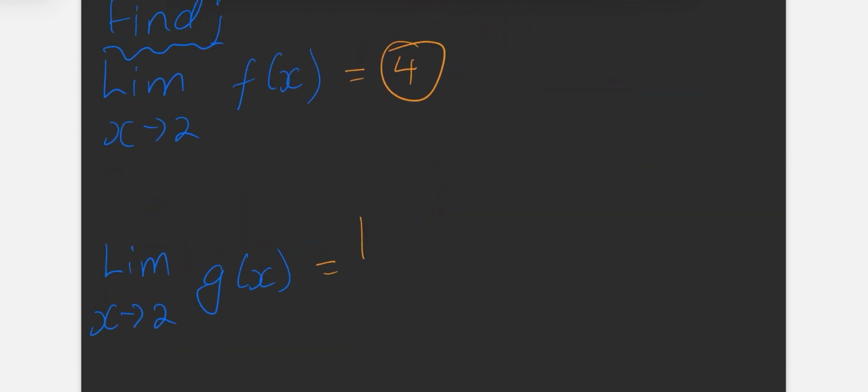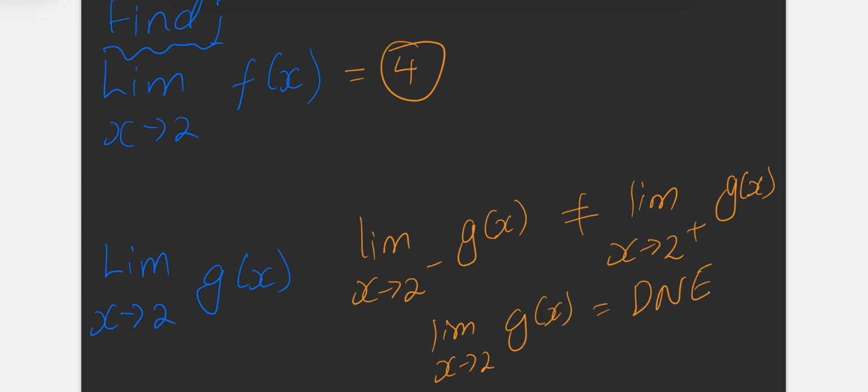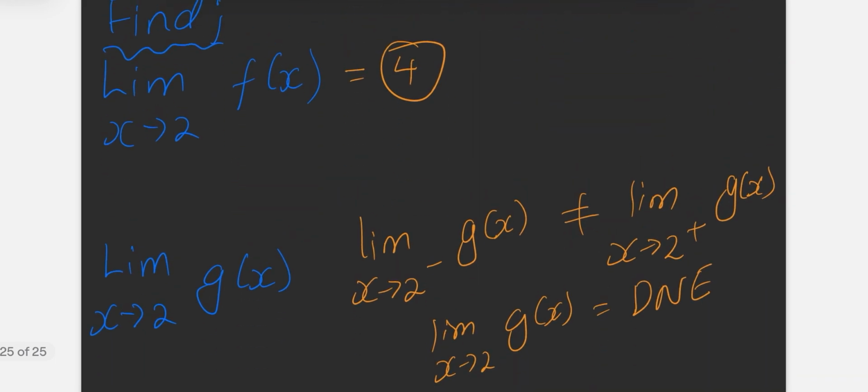So the limit as x approaches 2 from the left-hand side of g of x is not equal to the limit as x approaches 2 from the right-hand side of g of x. So the limit as x approaches 2 of g of x does not exist, which you can just represent as DNE, which just stands for does not exist. I hope this makes sense. See you in the next video.